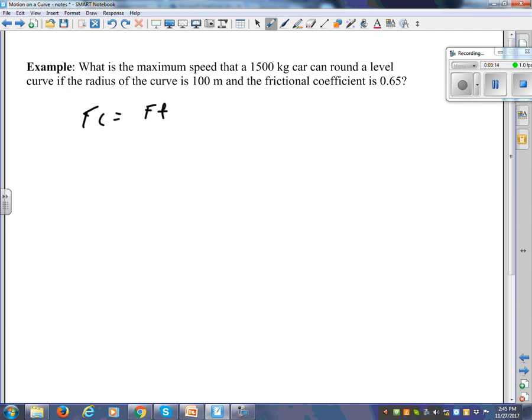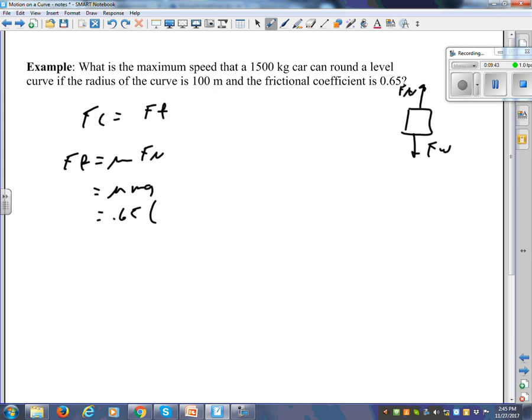And we know that FF is equal to mu Fn. Now Fn is really m times g, weight force, normal force. So this is going to be mu mg, or 0.65.